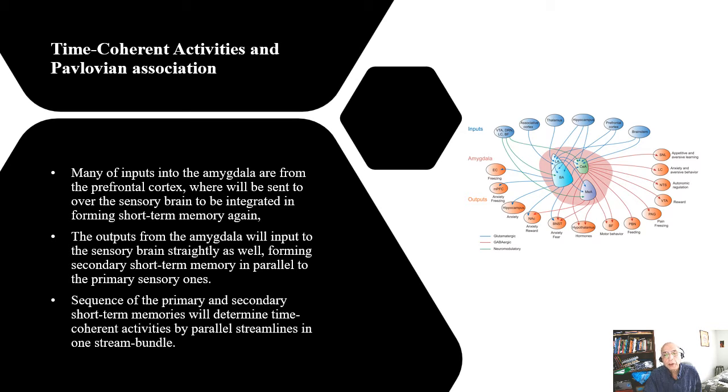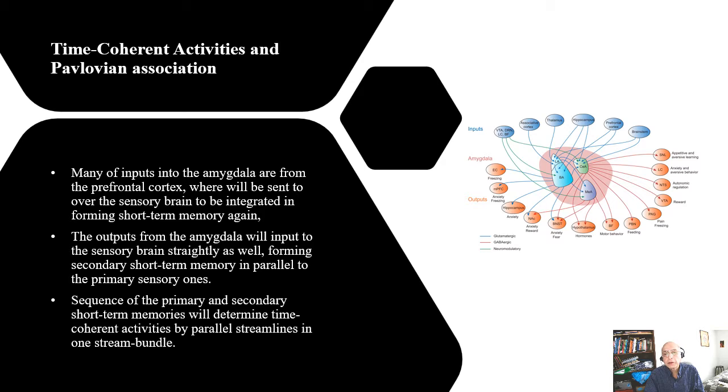Inputs to the amygdala are from the different cortex areas and different brain parts actually. Many of the inputs, or we can say more frequent inputs, come from the prefrontal cortex.